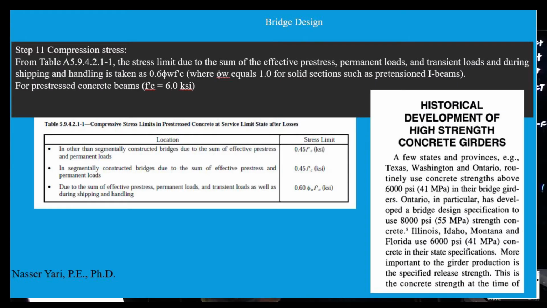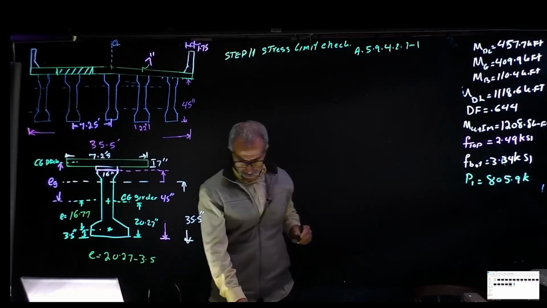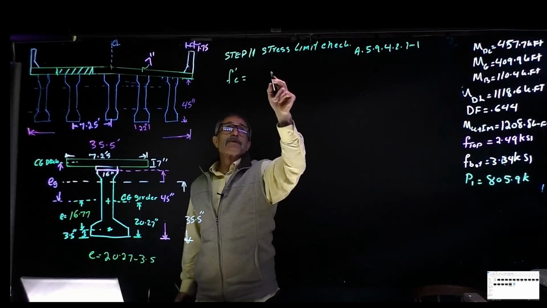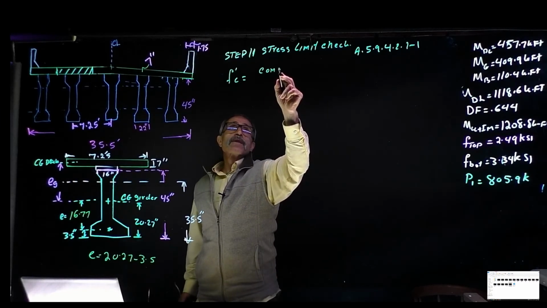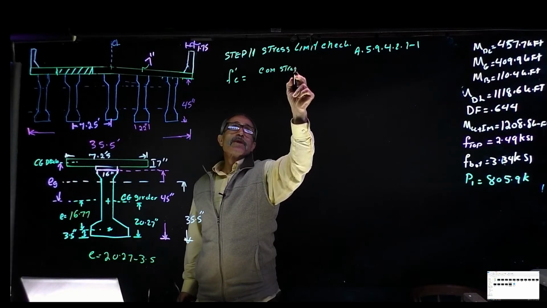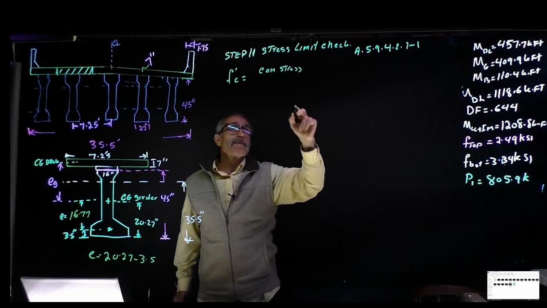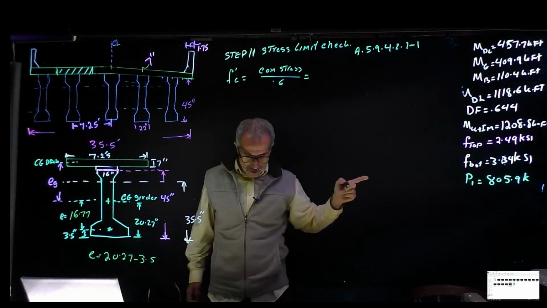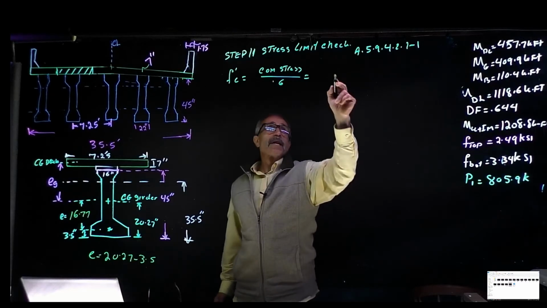So I'm going to go ahead and do it per AASHTO 5.9.4.2.1-1, and we're going to get F prime c is equal to the compressive stress, which we calculated to be, I erased it, divided by the 0.6, just like what we have in AASHTO, and that came out to 2.8 KSI.